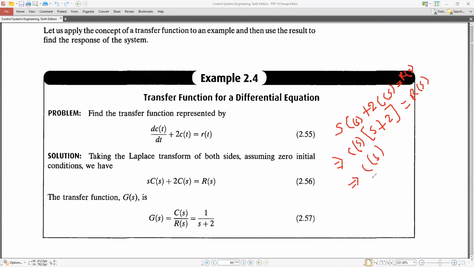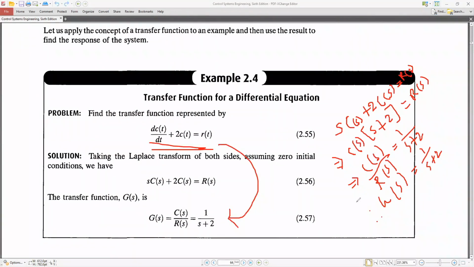So C(s) by R(s) is 1 by s plus 2. That is the transfer function of this equation.